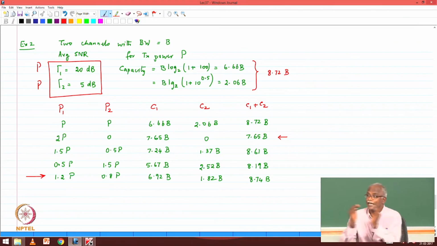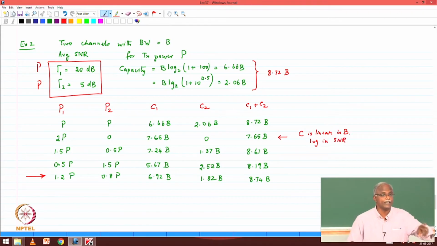If you have 2 times bandwidth, that's going to play a bigger role because the power is embedded inside a logarithmic function. So, here you can maybe say C is linear in B, it is logarithmic in SNR, and therefore, it's not a good idea to take away a channel completely.